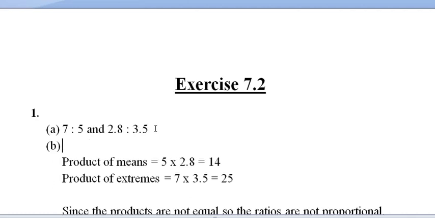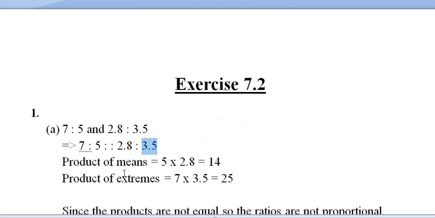So we can write this 7 is to 5 as 2.8 is to 3.5. So 5 and 2.8 are means, and 7 and 3.5 are extremes.